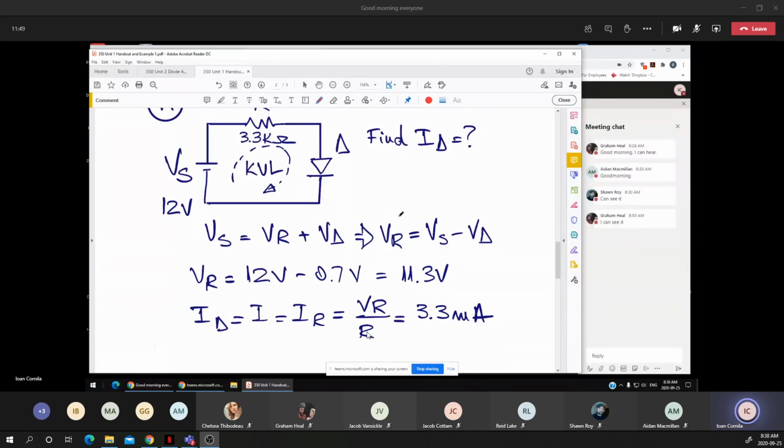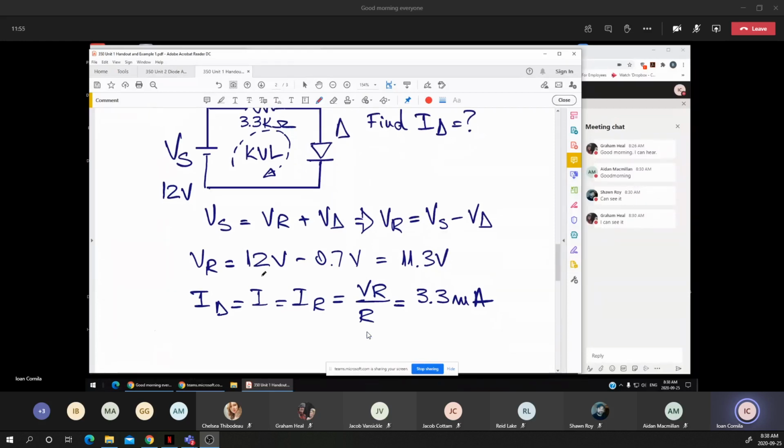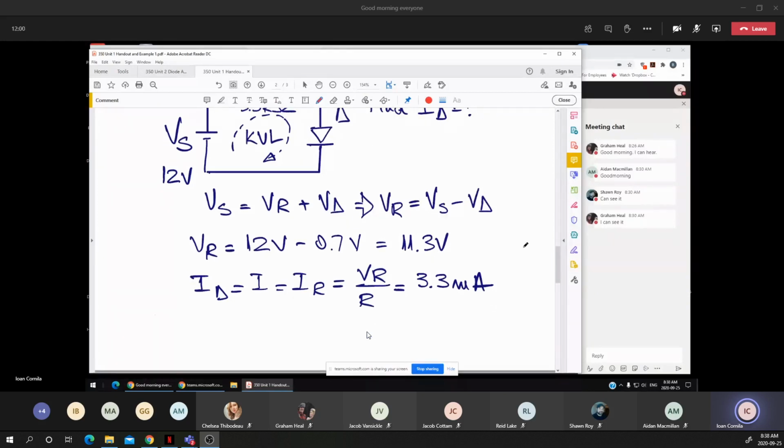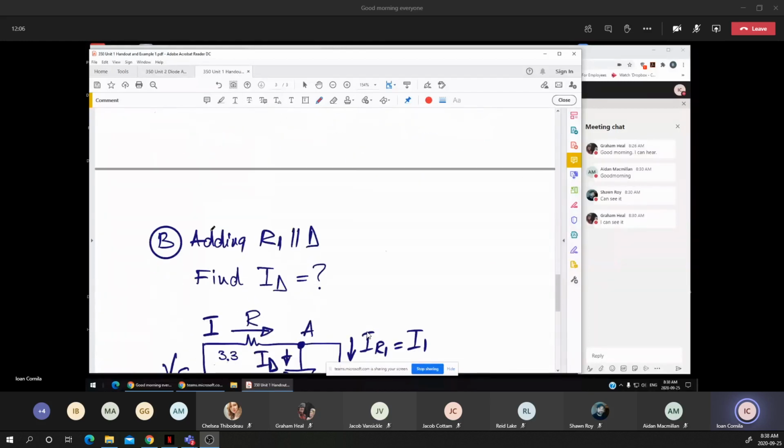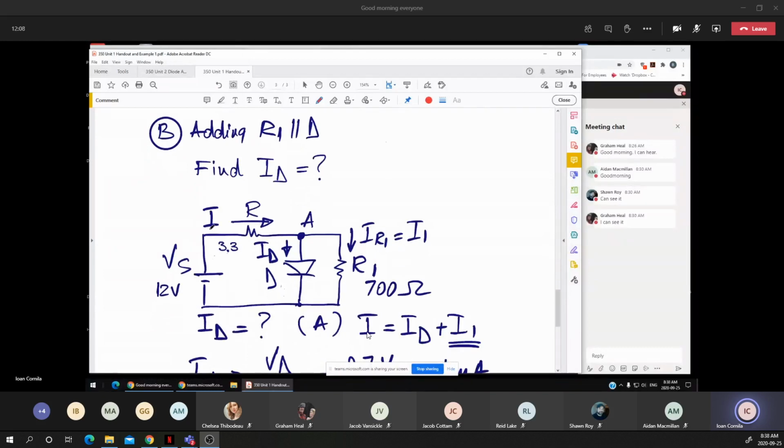From this equation, I can find the VR, knowing that the diode is in forward bias, and the VR in this example is 11.3, that's 12 minus 0.7, which is the VD in forward bias, which gives the ID current. Now, always look for an equivalent circuit like this.